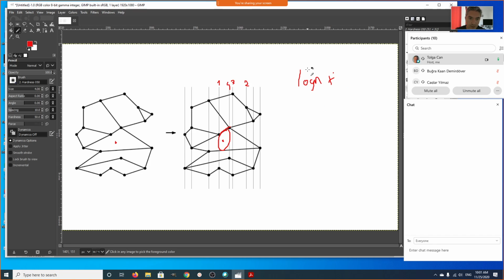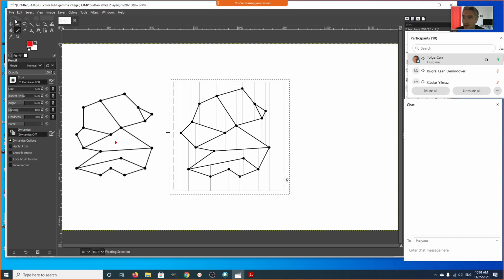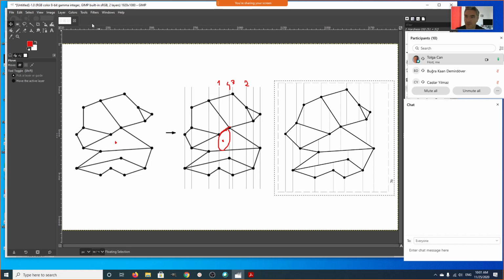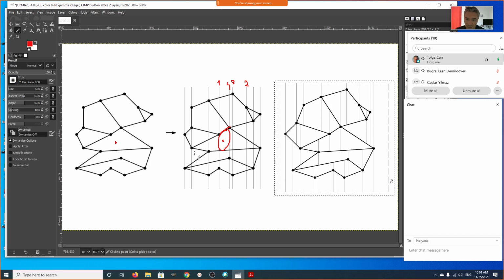If you compare these two figures, you'll notice the difference. These two vertices had the same x coordinate previously. Now the bottom one is a little bit to the right. So this new subdivision is modified a little bit so that no two vertices have the same x coordinate.